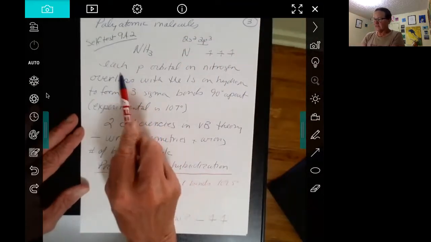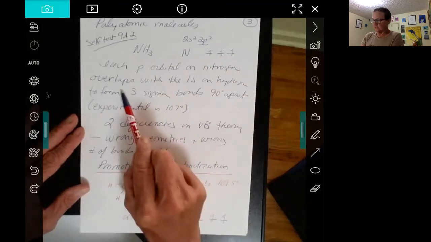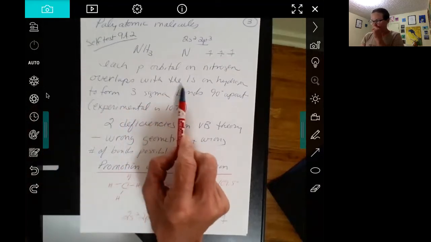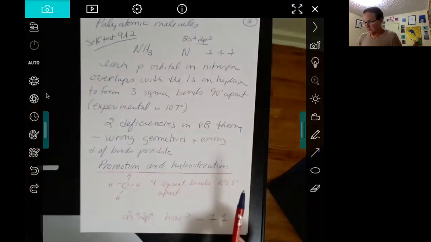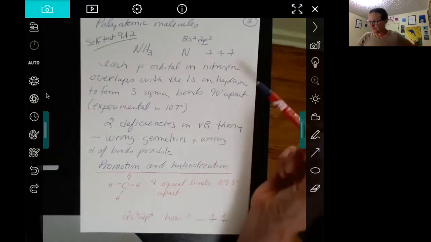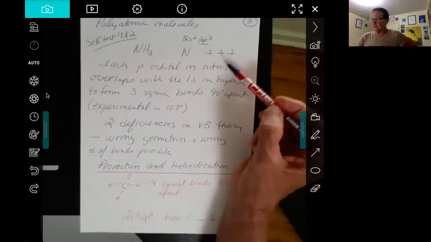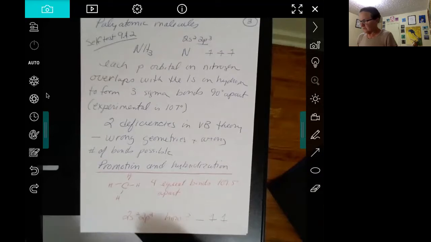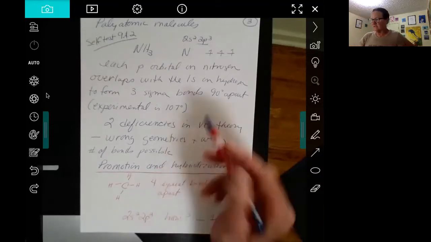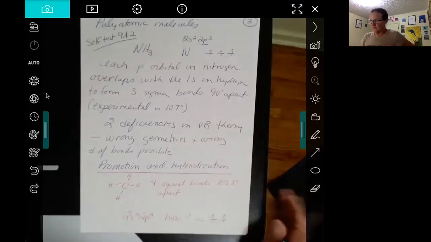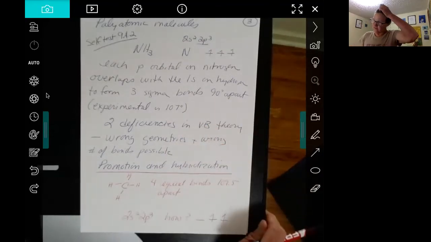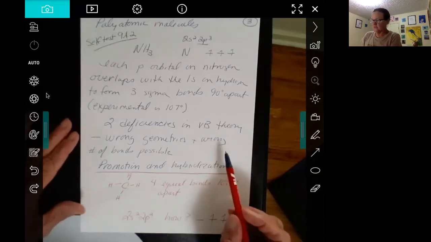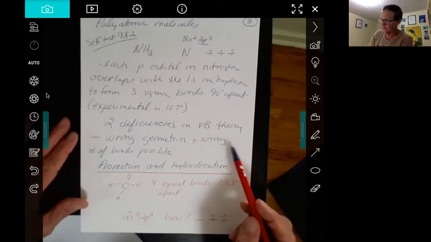So we can say that each of those p orbitals on nitrogen overlaps with the 1s on a hydrogen to form 3 sigma bonds. They're 90 degrees apart because we know p orbitals are 90 degrees apart. And so it doesn't really match experiment very well. The angle doesn't.